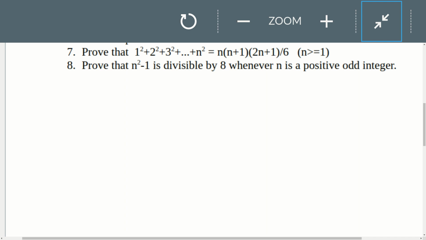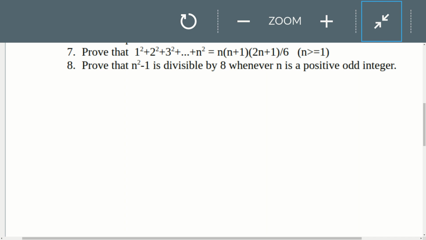So yeah, we could just expand everything. That'd be n squared plus n times 2n plus 1.